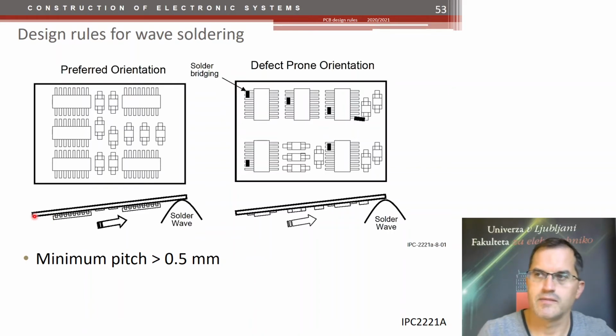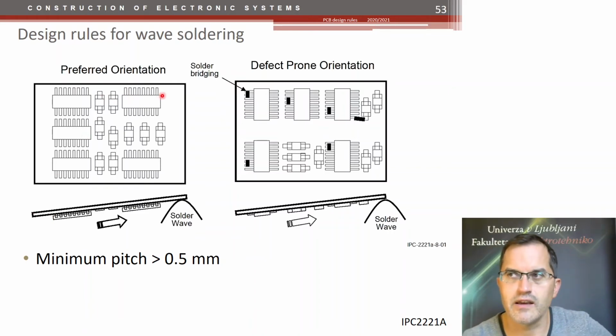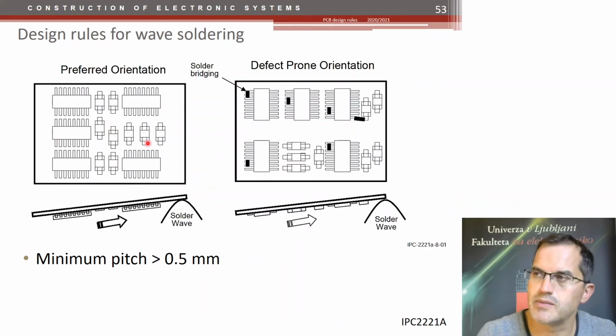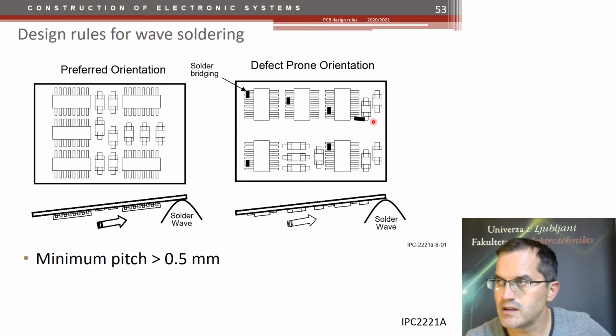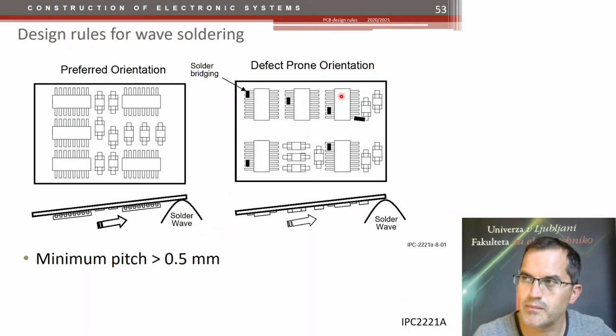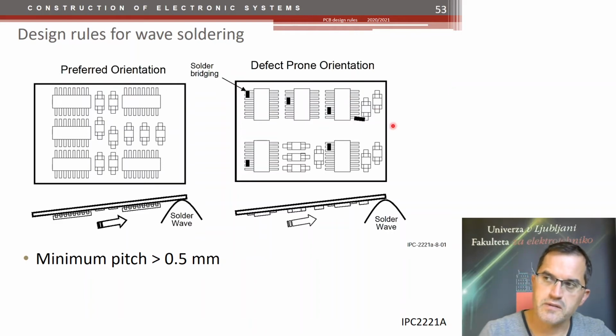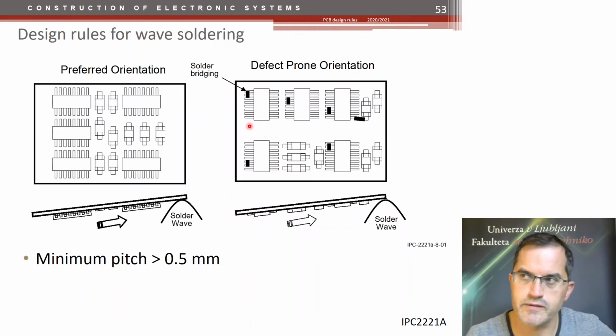Now, if the components are oriented like that, there are a lot of ways for this solder bump to jump from pin to pin, right? There are no big gaps in between. But here, you can get some problems if the components are oriented perpendicularly to the solder wave traveling.